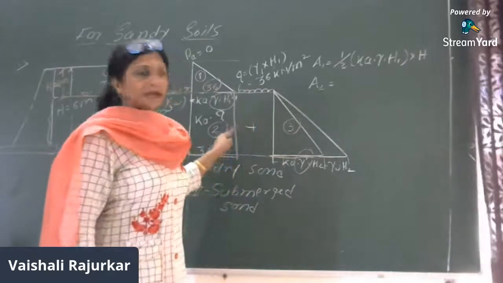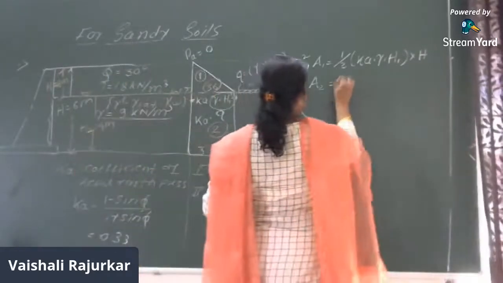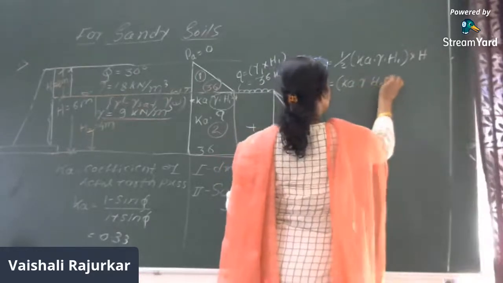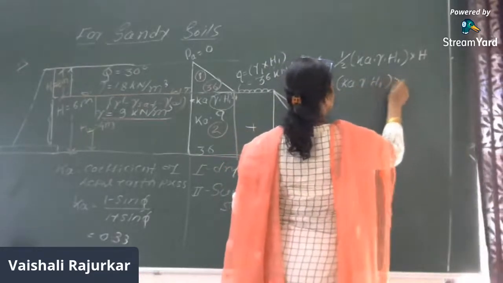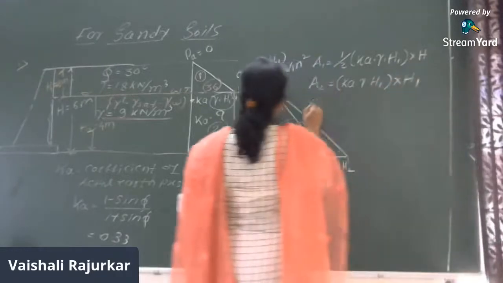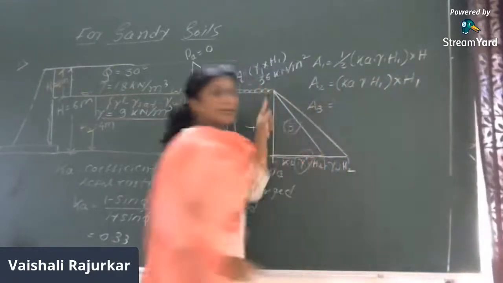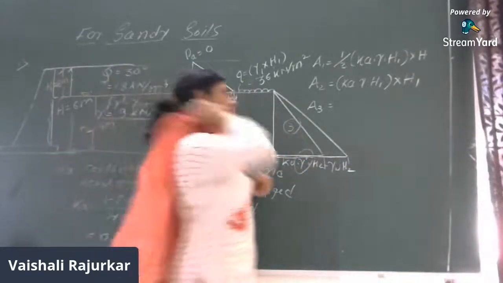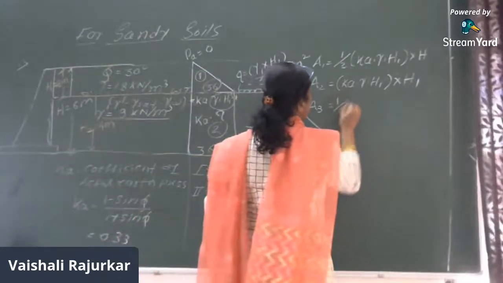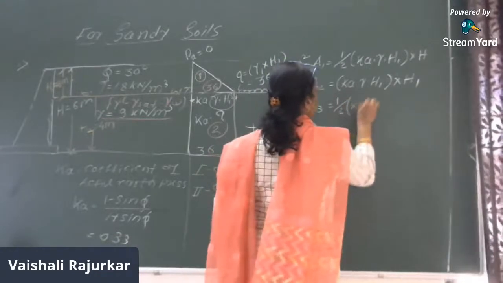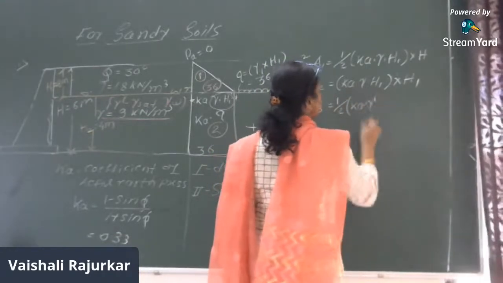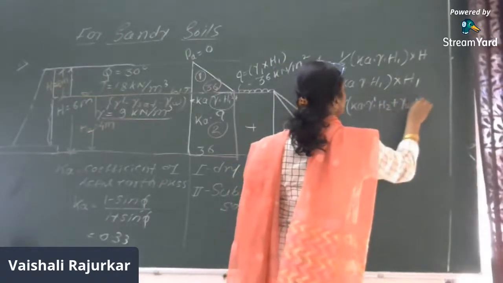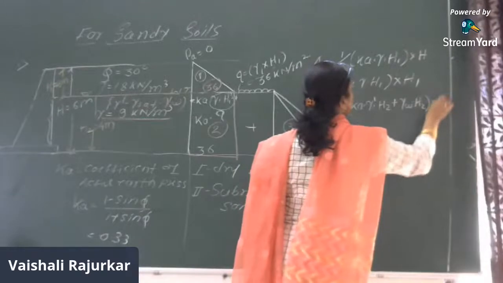Therefore, the rectangle area we will take into consideration, and that will be Ka into gamma into H1 into H1. Then the third is A3, which is again a triangular distribution diagram. So as it is a triangular distribution diagram, what is the area? It will be Ka into gamma submerged into H2 plus gamma W into H2, into H2.